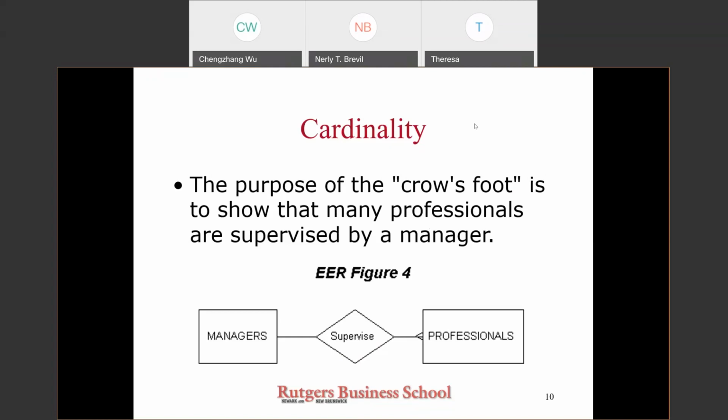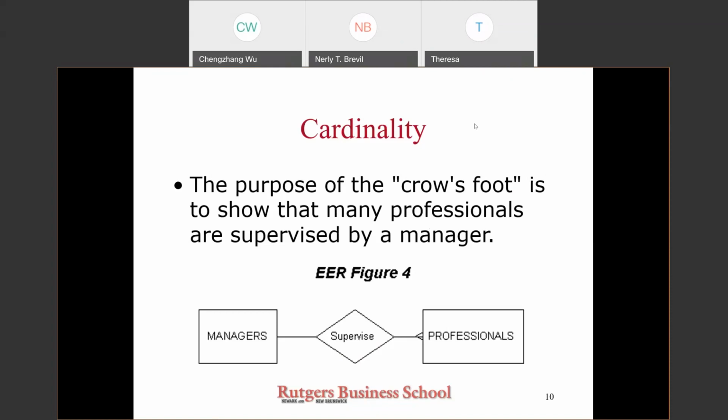But let's assume that a manager can supervise many professionals.